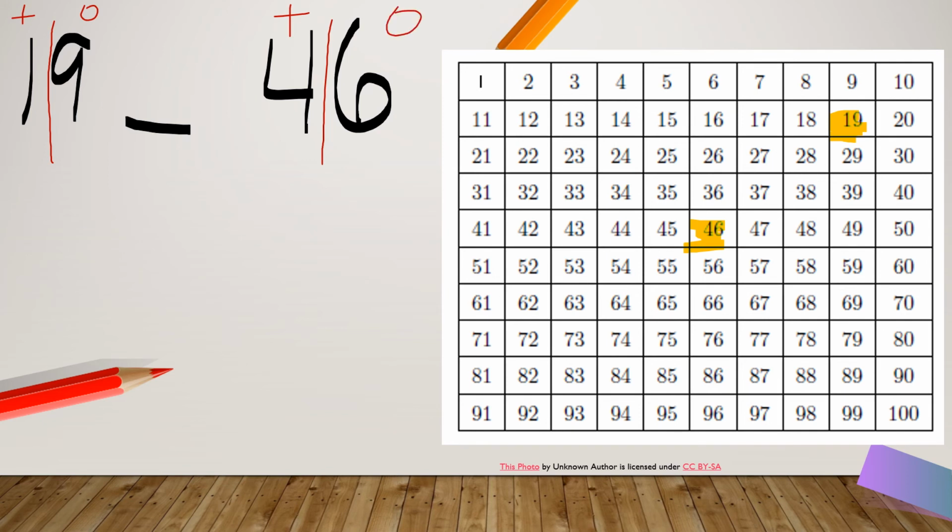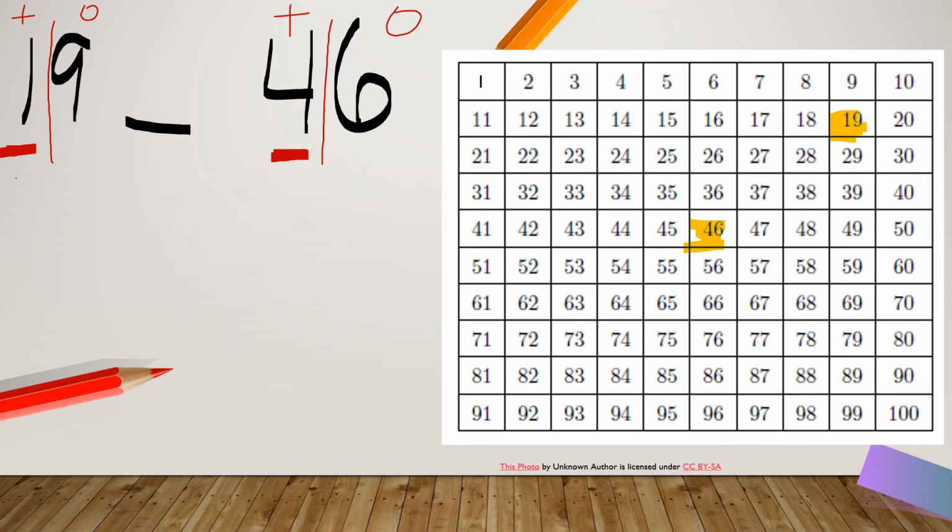Okay, so let's look at the first one, our tens. If I look at my tens, I will see that in 19, I only have 1 ten. In my 46, I have 4 tens. I'm going to see which one is the greatest one and which one is the smallest one. So I know that 1 is less than 4 and 4 is my greater number.